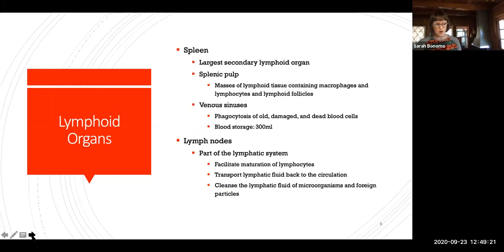All right, moving on to another component of the hematologic system, we have to talk about lymphoid organs. So the lymphoid system is really closely associated with the circulatory system because they're all kind of interconnected. So the spleen is the largest secondary lymph organ that we have in the body.